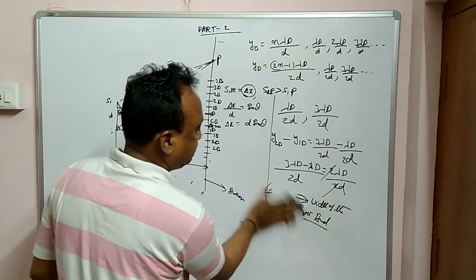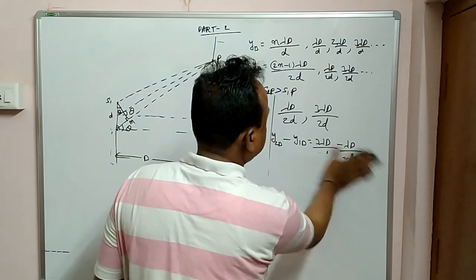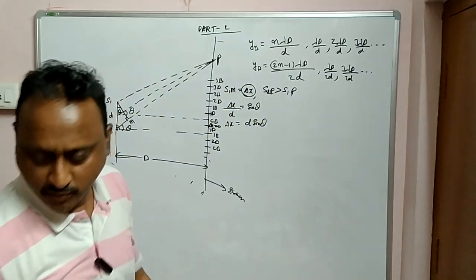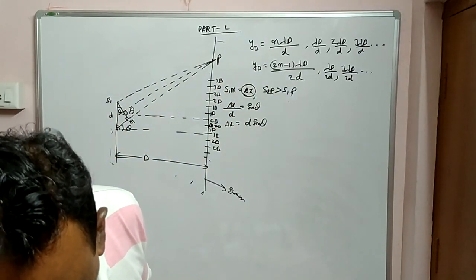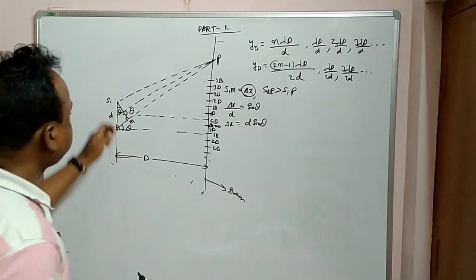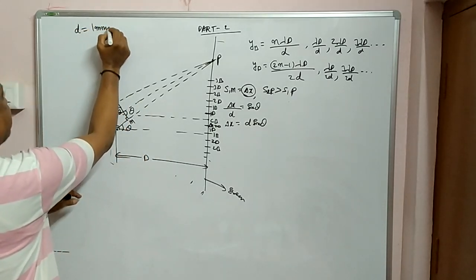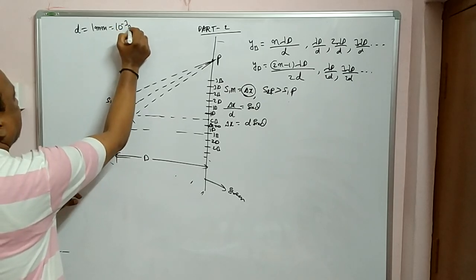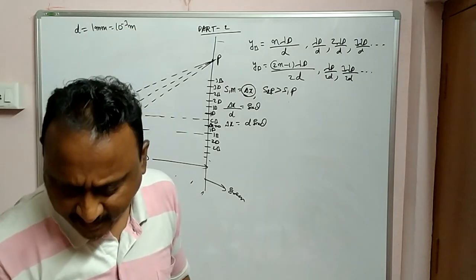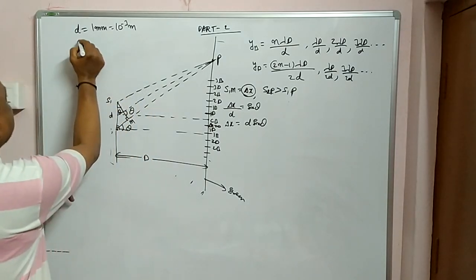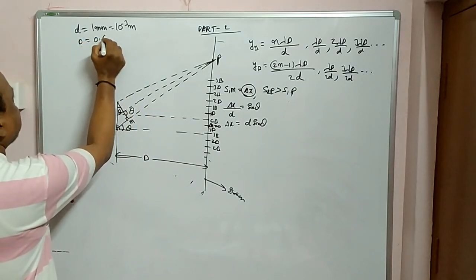Copy? Right. Now, see here. A small numerical I am giving for you. For example, the distance between the slits d is given as, say, 1 millimeter, that is equal to 10 power minus 3 meters, and the screen distance, capital D, is given as 0.6 meters.